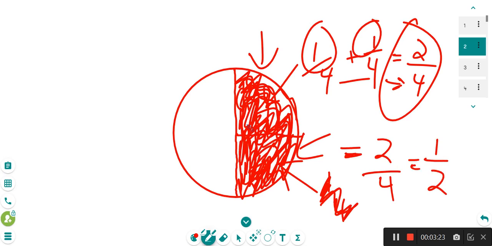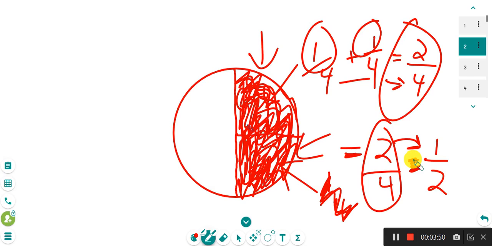Now, we'll talk about this later, but what I just did is I actually just reduced this fraction. So this is going to be tough. But look at this. We have 2, okay? And we have 4. We know that 2 and 4 are related because 2, 4, 6, 8. The 2 goes into the 4. So how many times does 2 go into 2? 1 time.